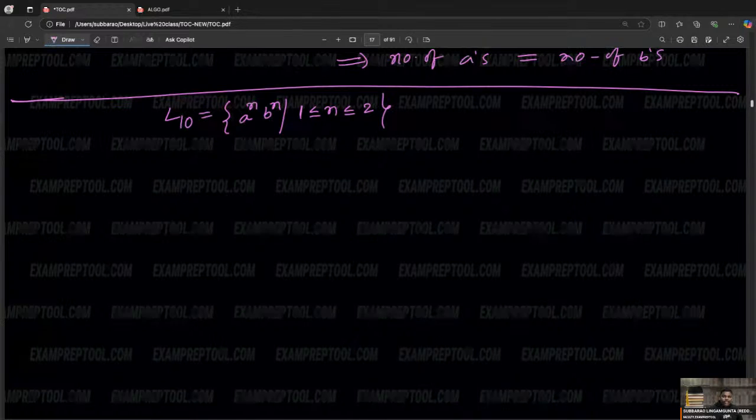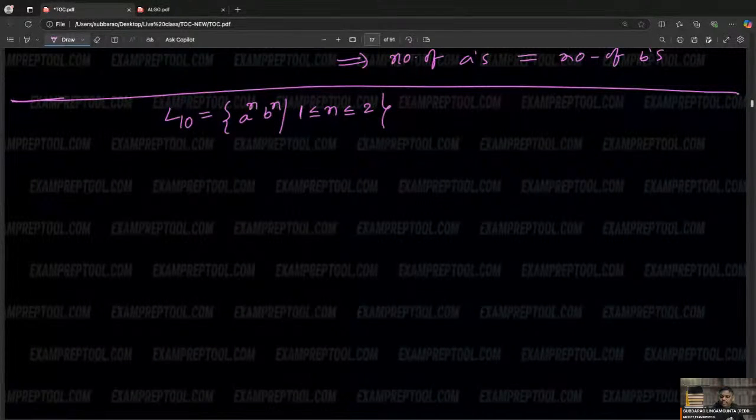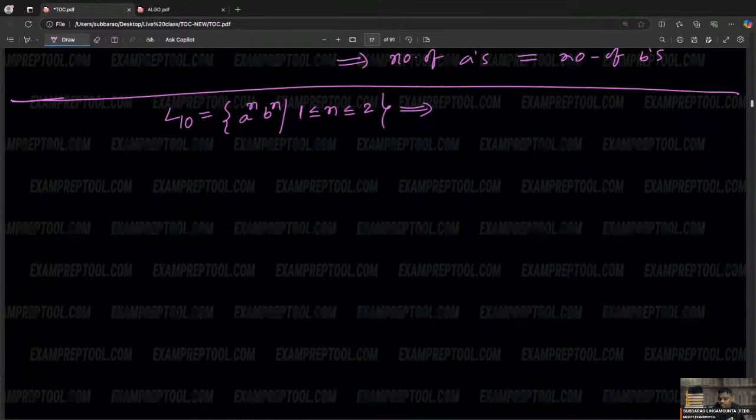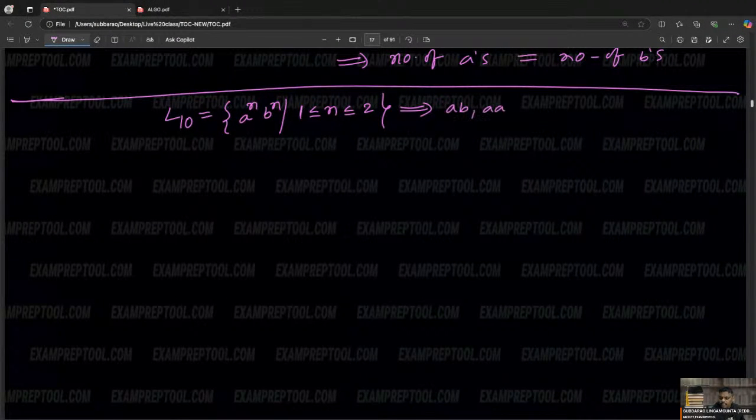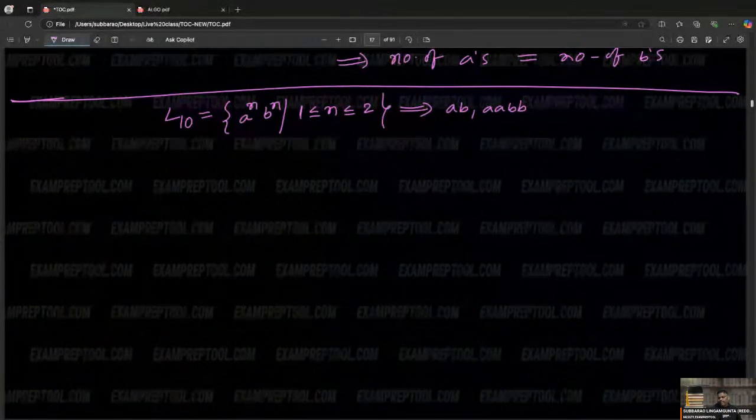If you see the strings here, you can compare, because of A power and B power, the number of A's and the number of B's. But it is a finite language. So it is a single A single B, and double A double B. It's a formal language, but a finite formal language.